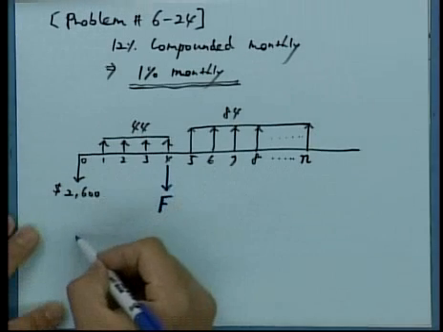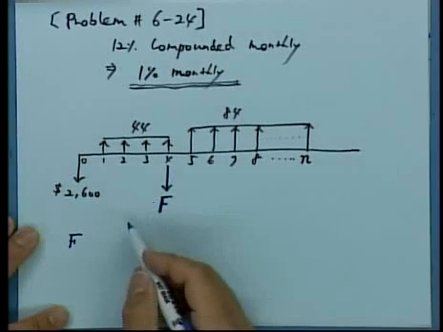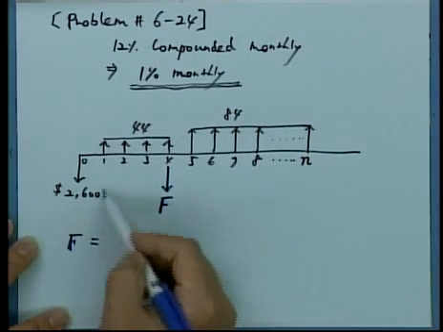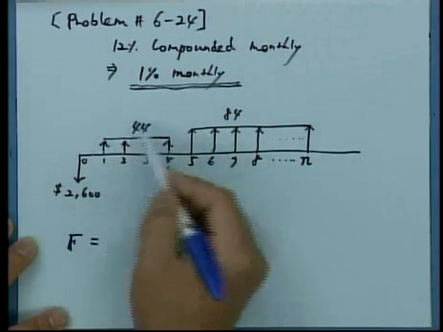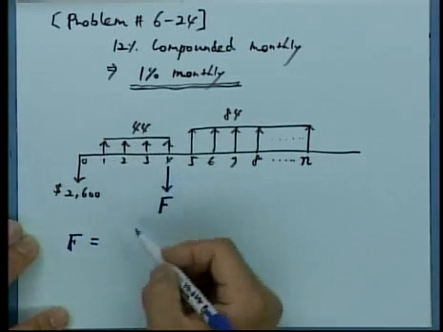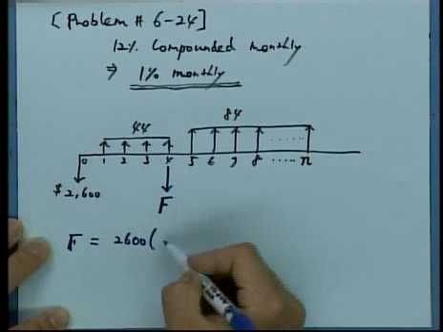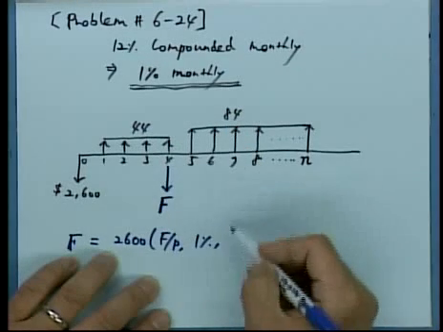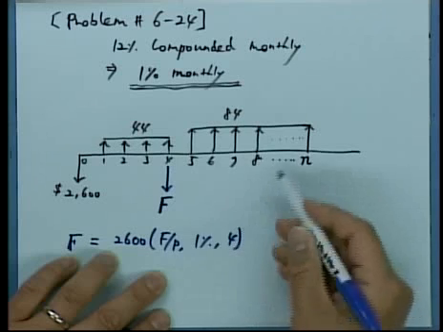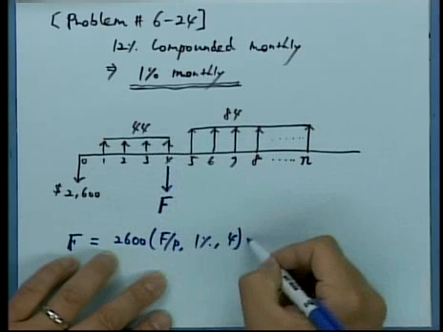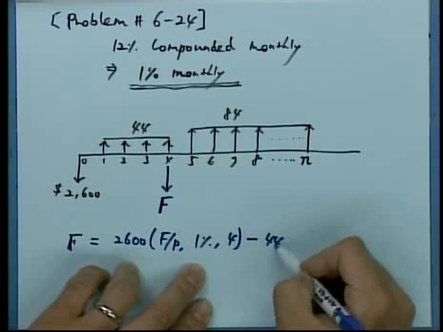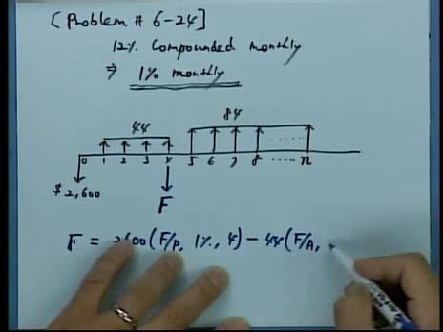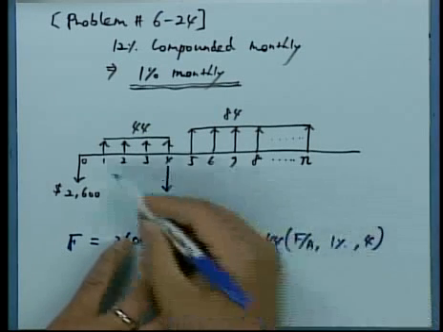Then how would you get this equivalent future sum for $2,600 and these $44 payments? 2,600 times F given P, 1% over 4 periods, and minus, right? 44 F given A, 1% over 4 periods. Okay?